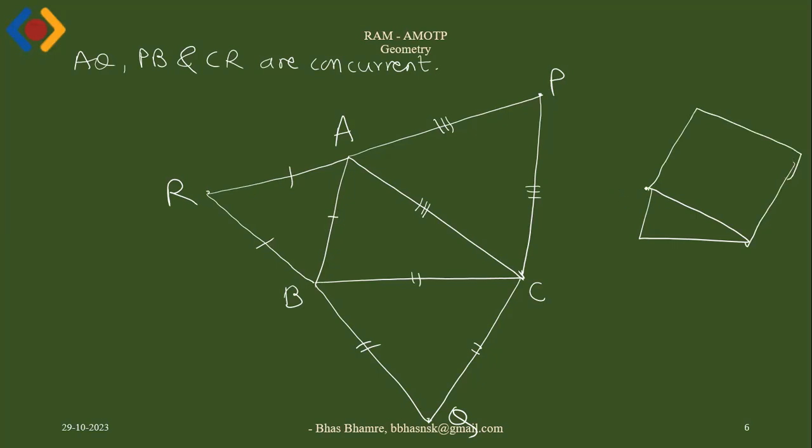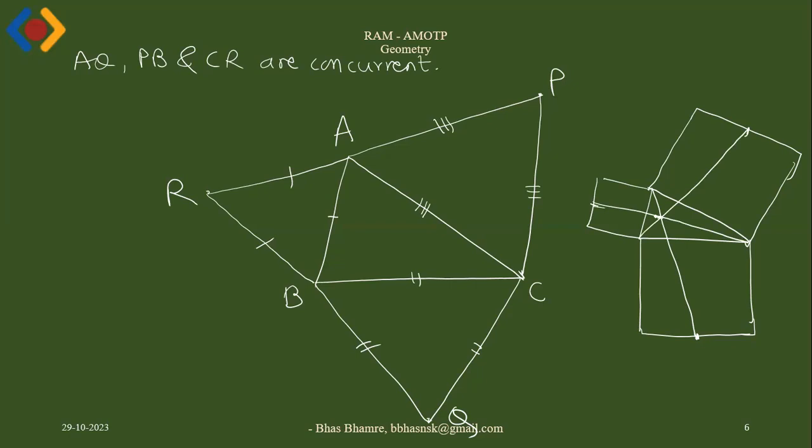So we drew the squares in the exterior. Then we are not getting the concurrence if we join some vertices. But if I take the midpoints of such sides, typically these opposite sides, and if we join those midpoints, then they are concurrent.